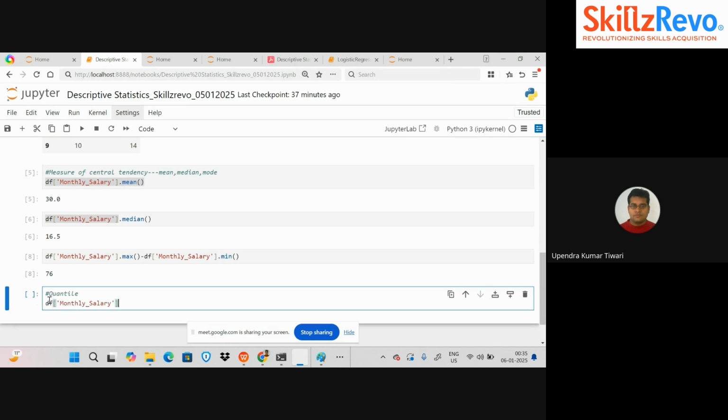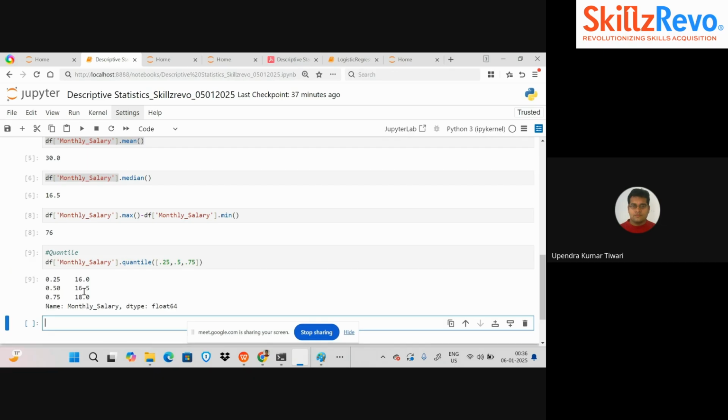When I write 0.25, it means 25%, 0.5 for Q2 and 0.75 for Q3. If I run it, see, this is the same now: 16, 16.5 and 18. Remember, we have calculated this.